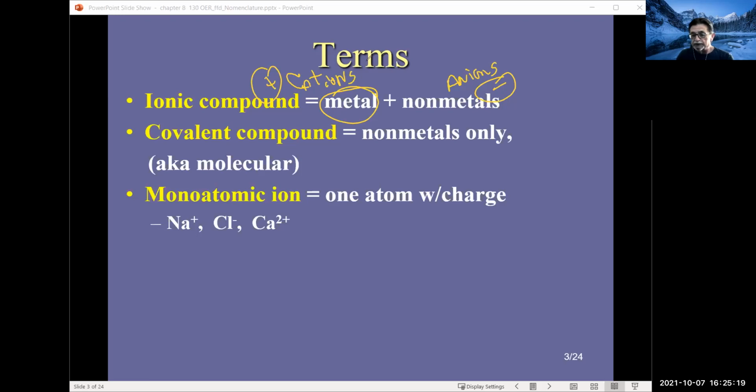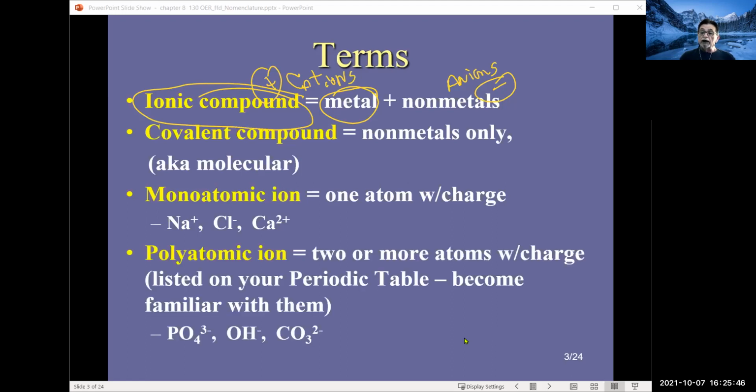It is the cation and the anion that come together to make the compound. So when we put them together, we have to know the respective charges so we can put them in the correct ratio. All right, so monatomic ions are singly charged ions, like calcium chloride, and so on and so forth.